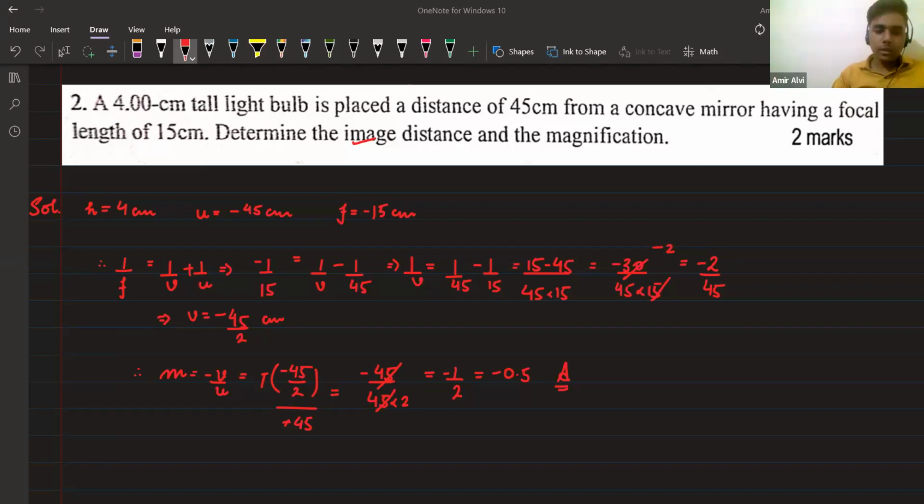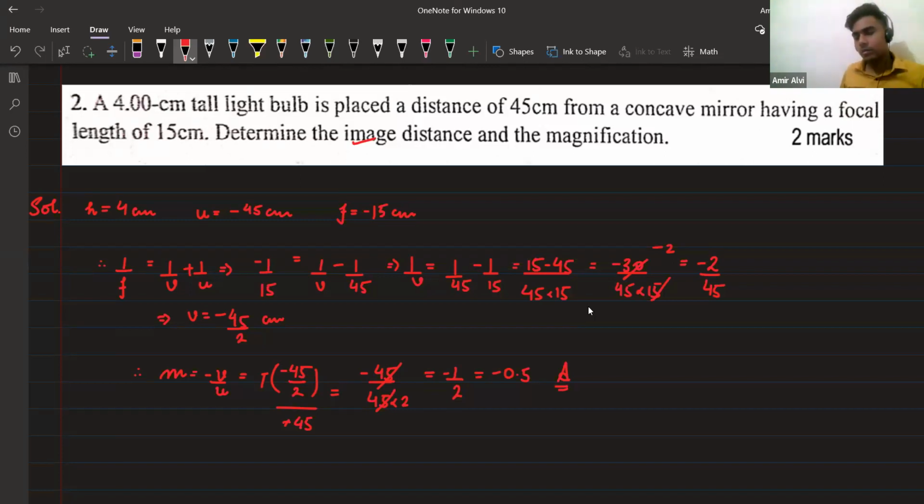Okay, children, so let's start the new topic. So how are we getting V's value as minus 45 by 2? Dear, look, 1 by V is equals to 1 by 15 minus 1 by 45. Then I took the LCM, I got LCM as 45.